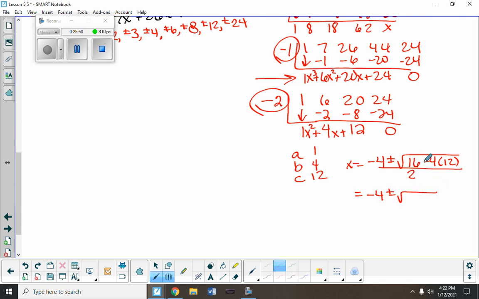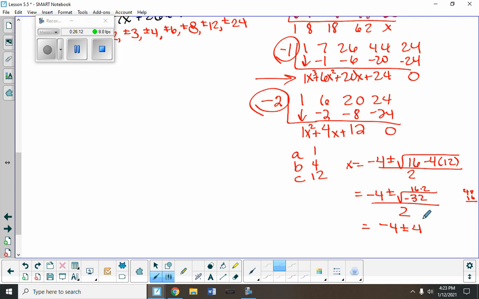So 16 minus 48 is, let's see, 48 minus 16 is a -32. So let's see, 32 is 16 times 2. So the square root of 16 is a 4.